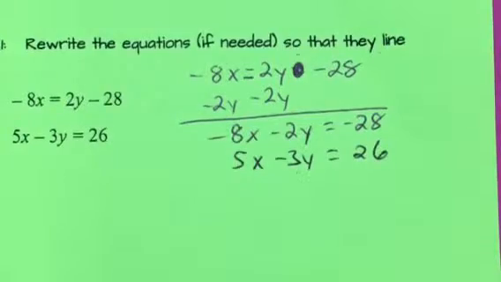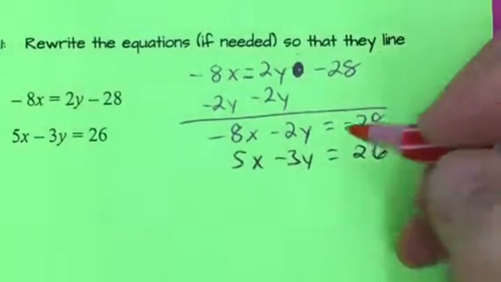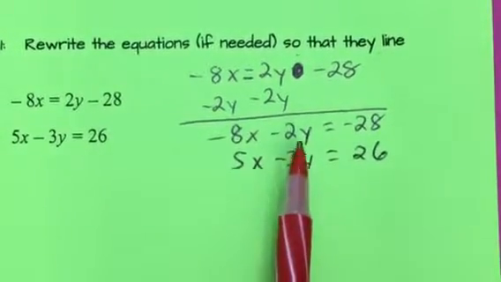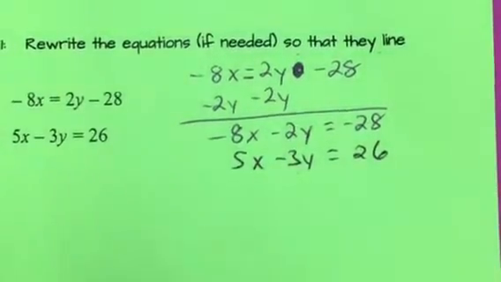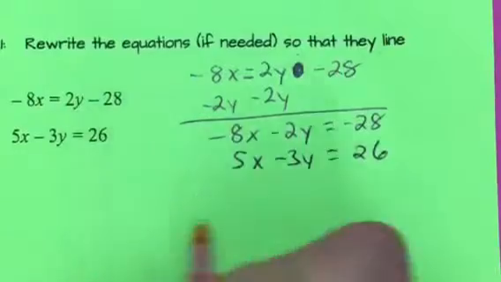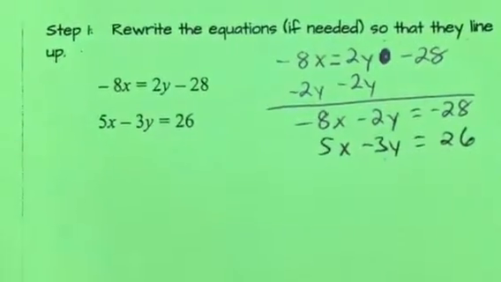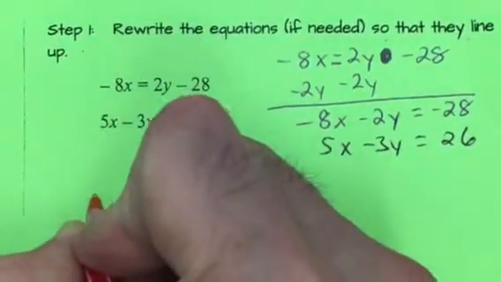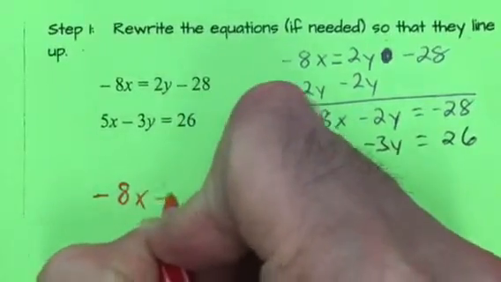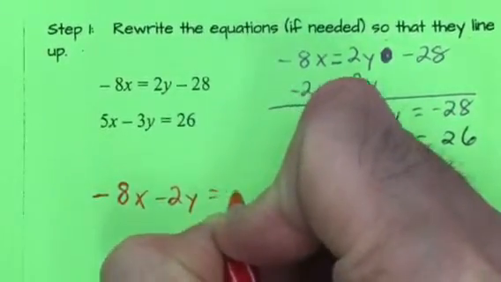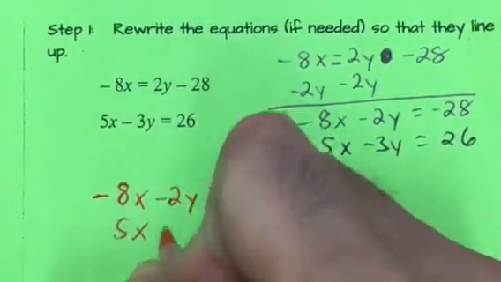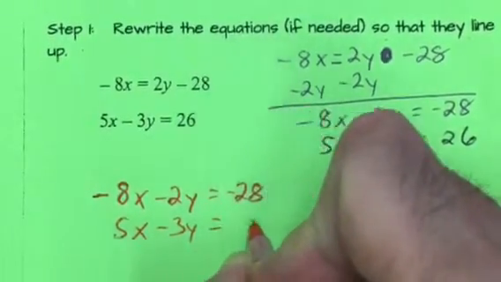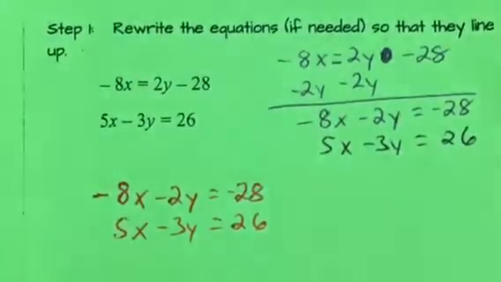Does not matter which one I do. I just got to do one of them. I'm going to choose the y's because they have smaller numbers. What I'm going to do, I'm going to rewrite them over here. Negative 8x minus 2y equals negative 28. 5x minus 3y equals 26.